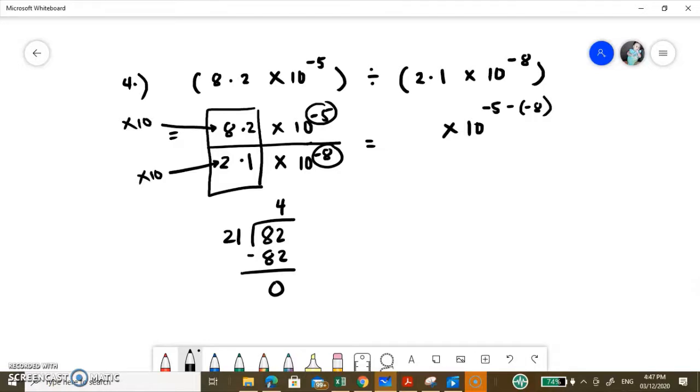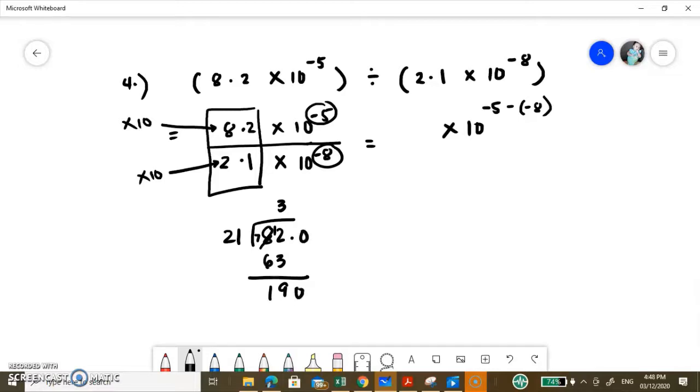Tama ba? 4, kung 4 ang ilalagay natin, it's 84. So, you would have 3, to give you 63. Sobra na pag 4. So, I get 12 minus 3, that would be 9. 7 minus 6, that's 1.